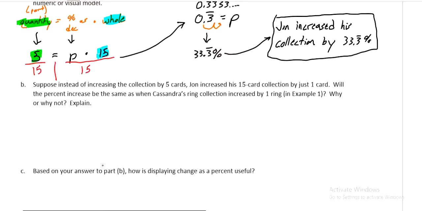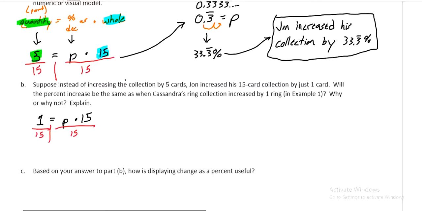So we're going to set up kind of the same thing we did up here, except instead of 5, we'll put a 1. So we'll say 1 equals, and again, he still has a 15 card collection, so the whole is going to stay the same. And we'll divide both sides by 15.